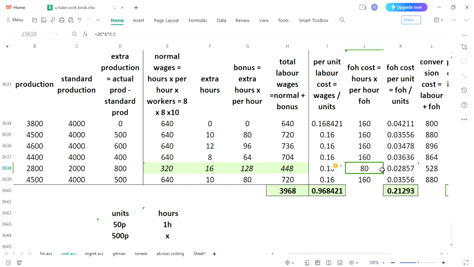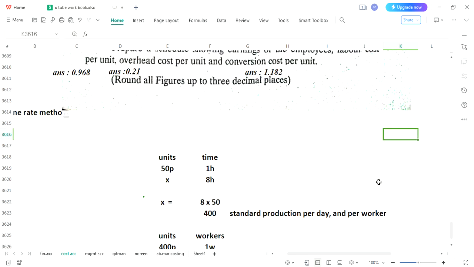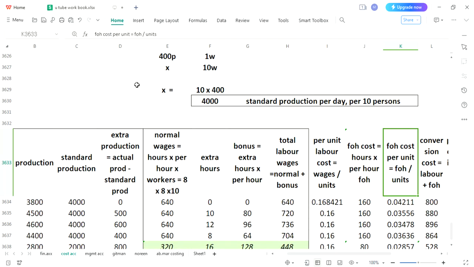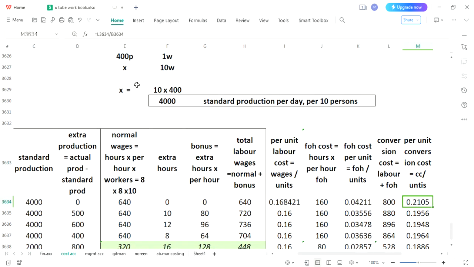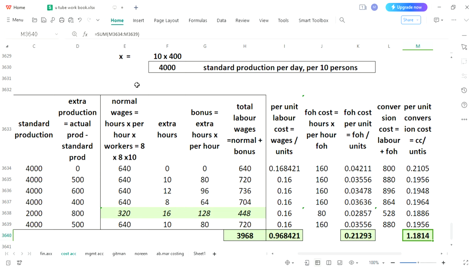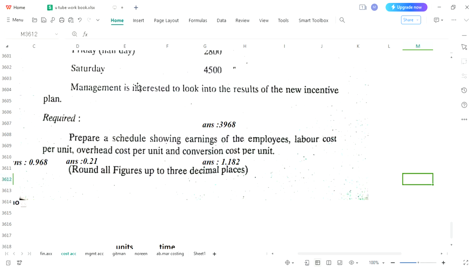But then we realized that on Friday the timing was changed, it was a half day, so we put 0.5 afterwards. By putting it, our answer 0.21, which was originally written, was matched. Look here, overhead cost per unit 0.21, and then you have calculated per unit conversion cost, which was 1.1814, and you can see 1.18.